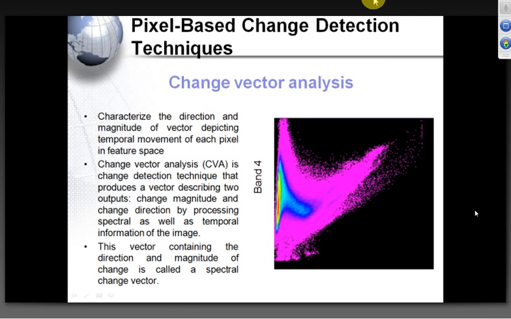Here, describing two outputs, change magnitude and change direction, by processing spectral as well as temporal information of the image. The vector containing the direction as well as the magnitude of change is called the spectral change vector.